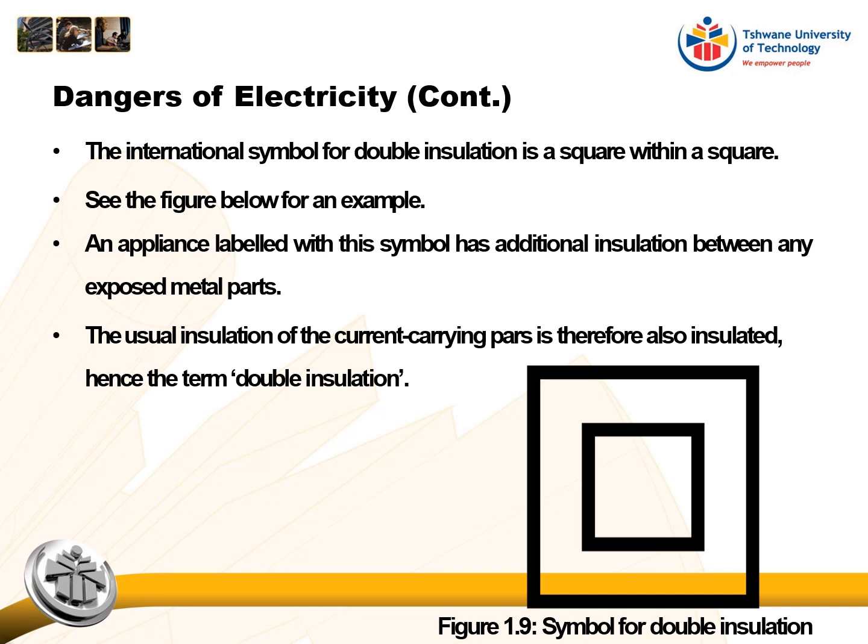The international symbol for double insulation is a square within a square. See the figure below for an example. An appliance labeled with this symbol has additional insulation between any exposed metal parts. The usual insulation of the current carrying parts is therefore also insulated, hence the term double insulation.